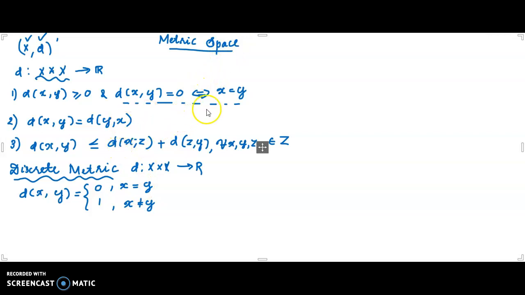Then d(x, y) equal to d(y, x). This is the case when x and y are equal. And when x is not equal to y, always d(x, y) equals 1. Whether x or y is in the first position, it does not matter. Then d(x, y) less than or equal to d(x, z) plus d(z, y).